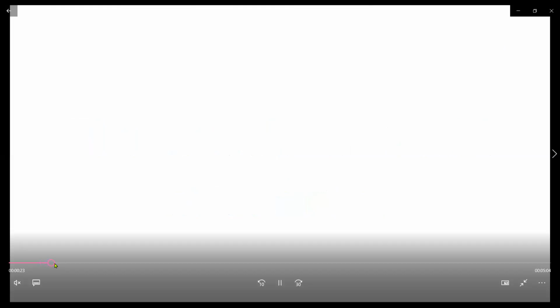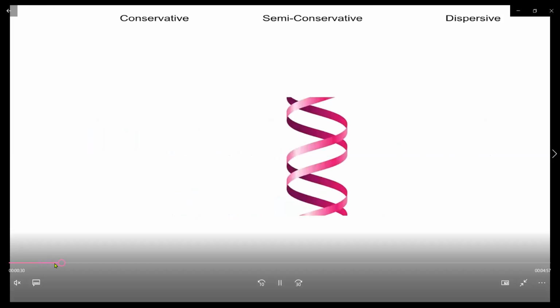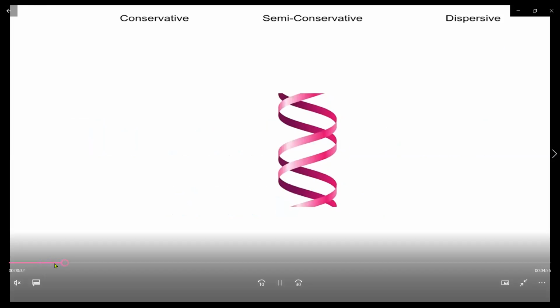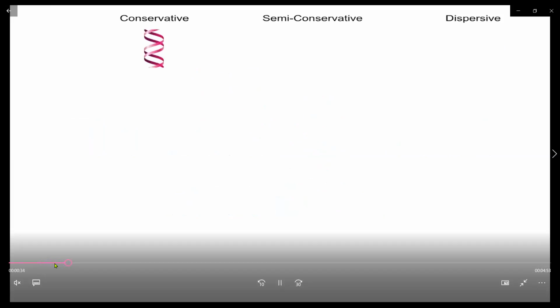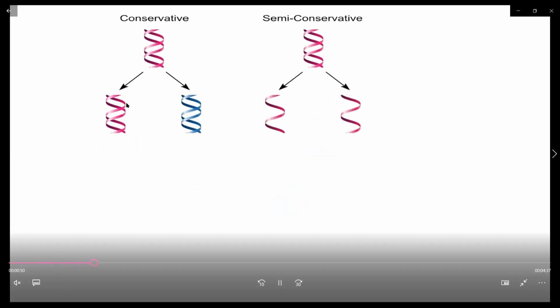So, as I said, it was hypothesized that there are three models of DNA replication: conservative, semi-conservative, and dispersive. We discussed this. In the semi-conservative model, the newly synthesized DNA strand is totally newly synthesized, and the other strand is conserved, that is parental.